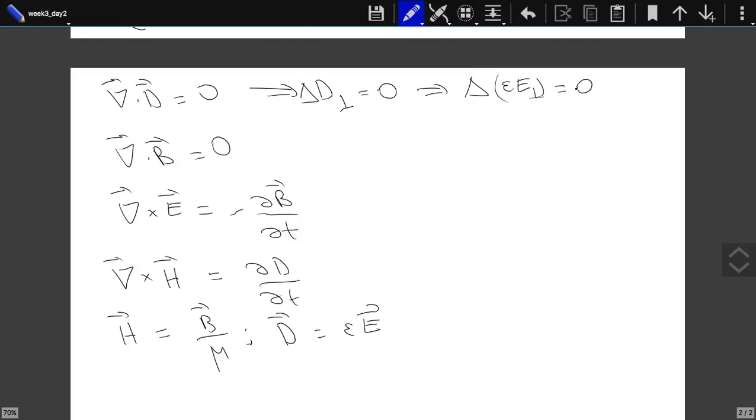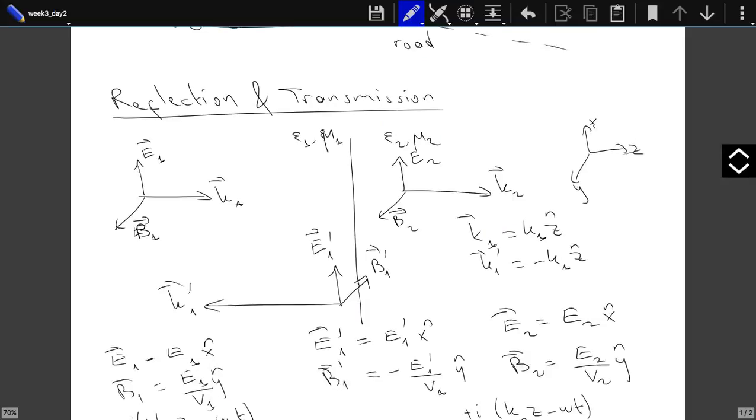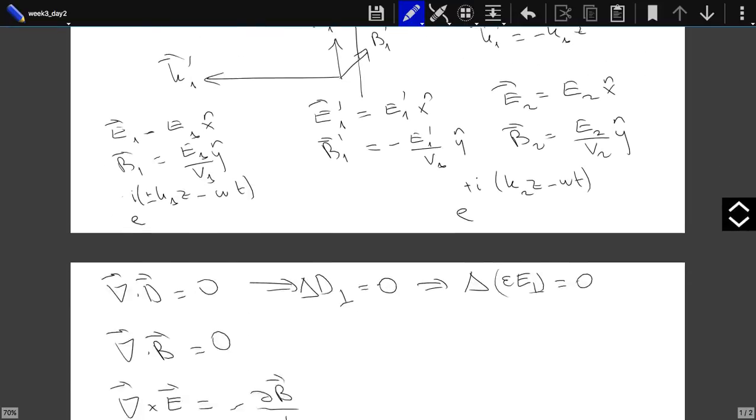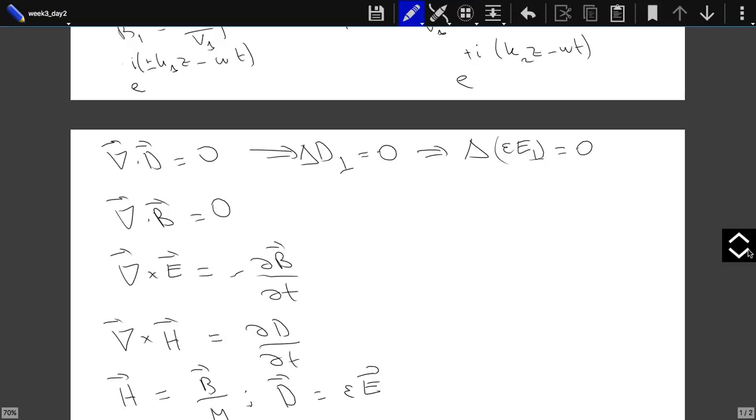Well, in our problem, what is the perpendicular component of these electric fields? Perpendicular to the surface, 0. So E perp is 0. It is 0 on the left, it is 0 on the right. D perp is 0 on the left, 0 on the right. So automatically this equation is satisfied. That is, in this case, this boundary condition doesn't really tell me anything.